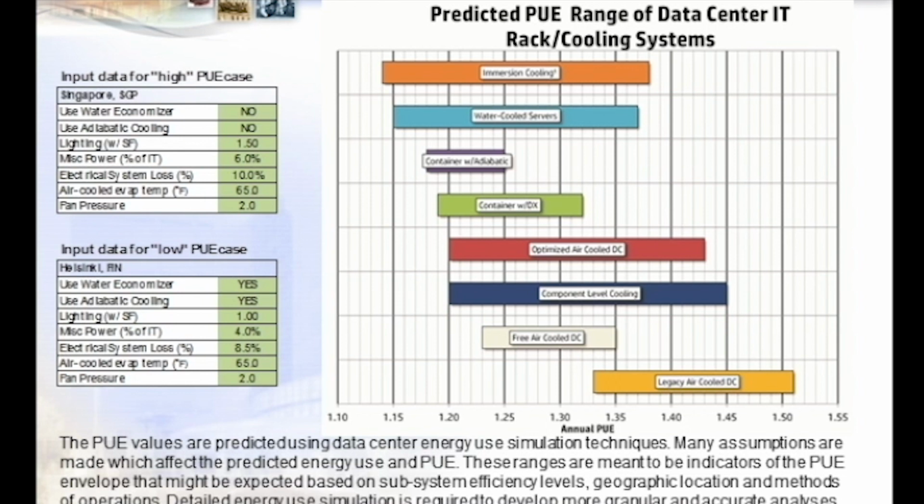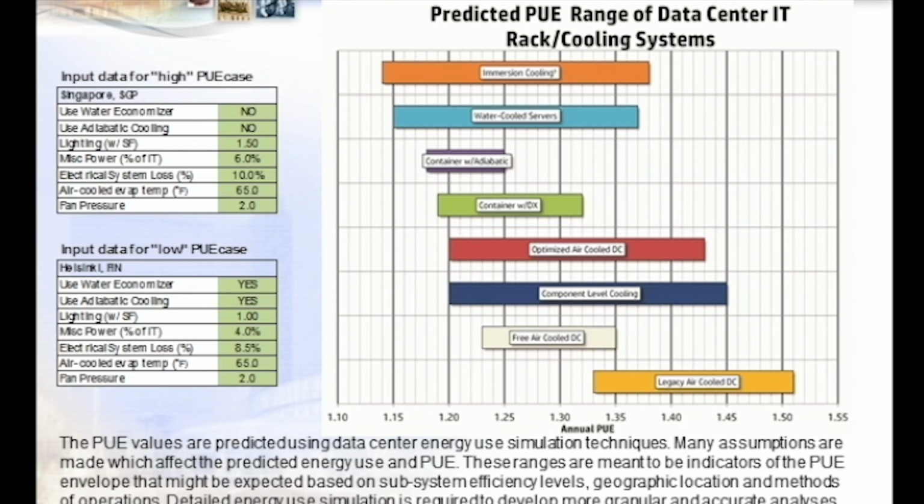And when we map those out and do energy analyses, we see that these different types of data centers have different ranges of PUE. So it's a mix of data center type and cooling system type. The idea here is that some of the data centers or cooling systems that have very low PUEs might have a very high PUE at the high end when the worst case scenario is put in play.